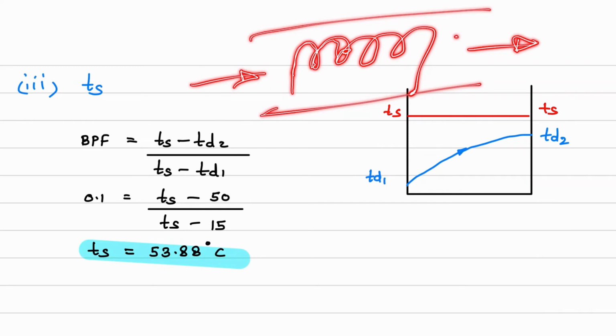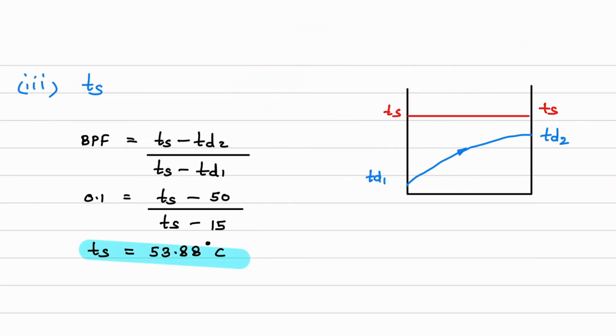So some air remains untouched and bypasses the coil. Because of that we have this bypass factor. So from there, if this is the bypass factor of the heating coil, what should be the surface temperature maintained so that if air enters at 15 degrees Celsius, at the outlet we get 50 degrees Celsius? That is what we calculated.